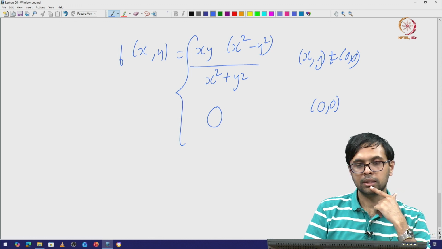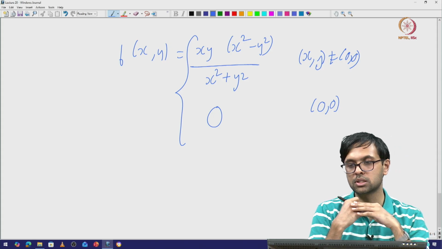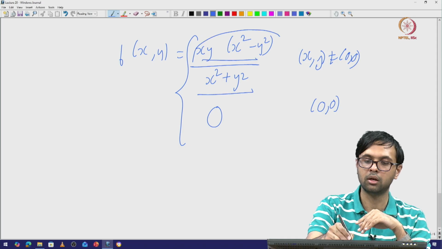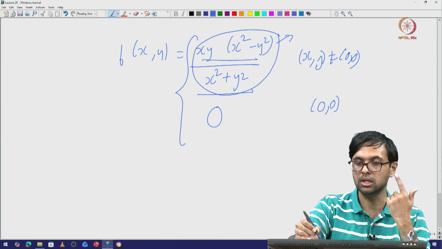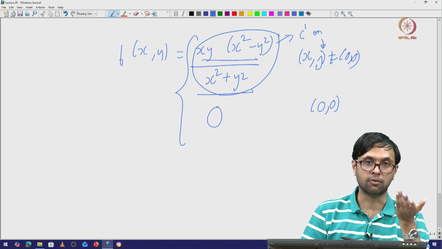Okay, so the question is, first of all, what can we say about this function, right? Obviously, this is a rational function, so it is, of course, C1 on this region, on the domain. So it is differentiable, of course.